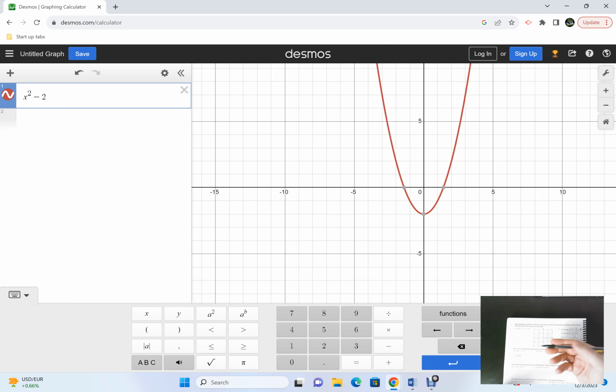And again, the idea to do it algebraically would be if you replace the x with the negative x, you'd still get the same answer. So for example, if I plugged in a negative x, I'd have (-x) squared minus 2, which would then turn into x squared minus 2, right, when you squared it, which is the same as it started.